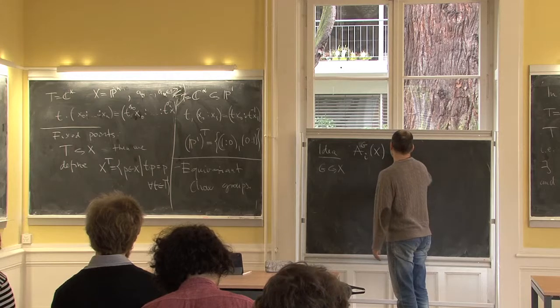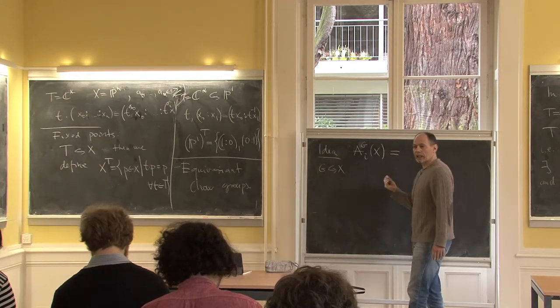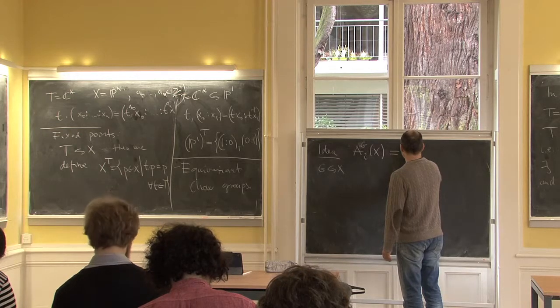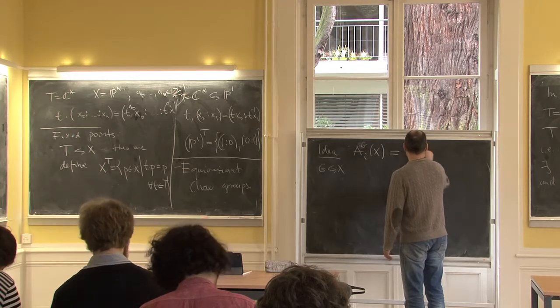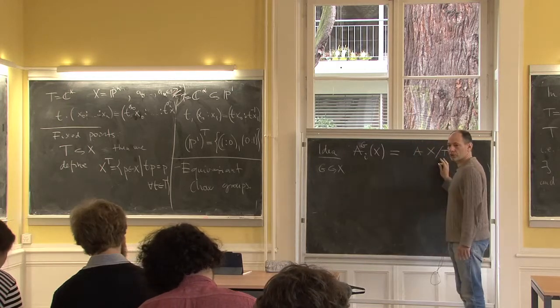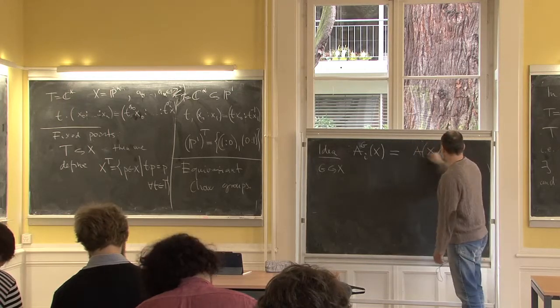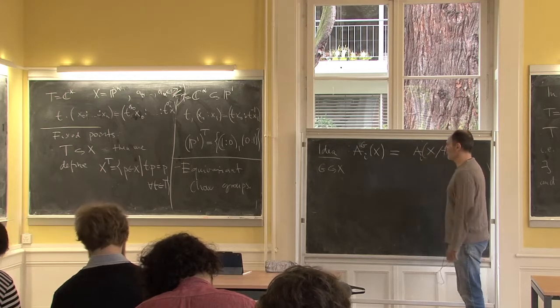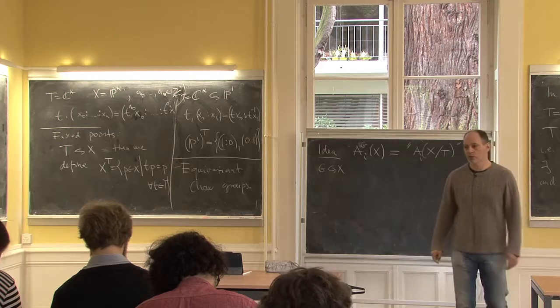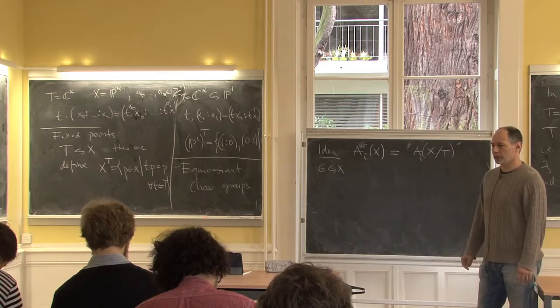The logic of this thing is that I'd like to take X divided by T. I would like to take the quotient of X with respect to T and take its Chow group. That's the idea behind this.